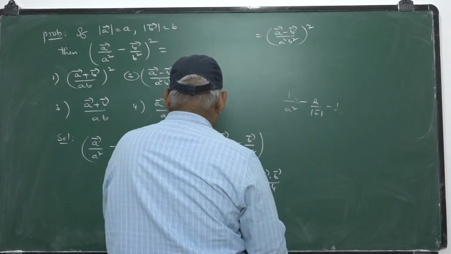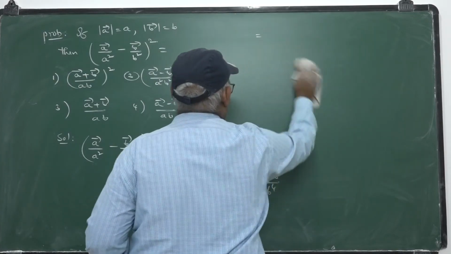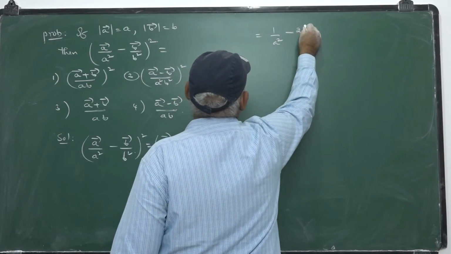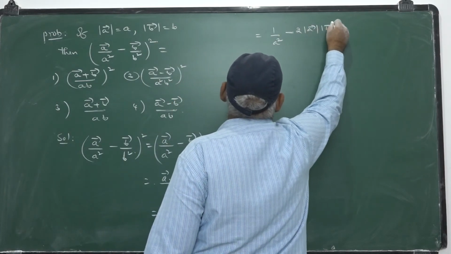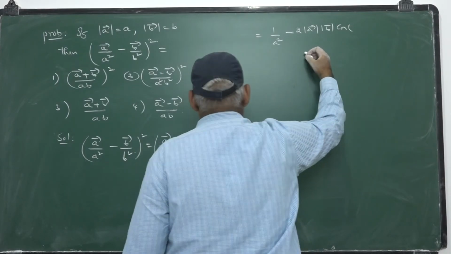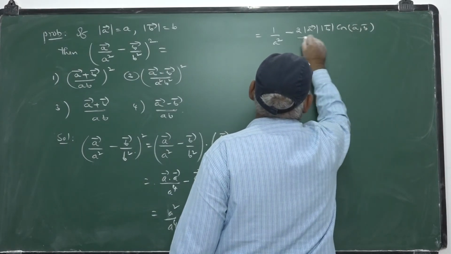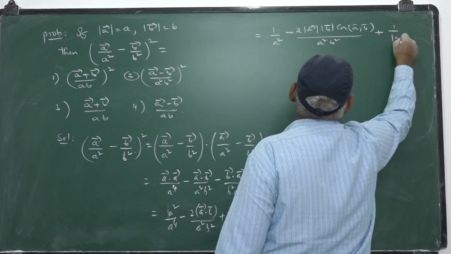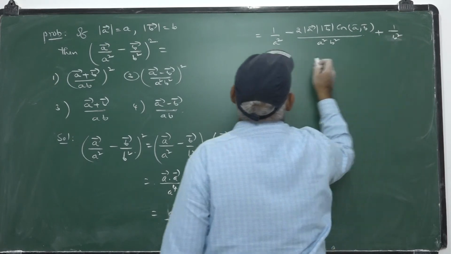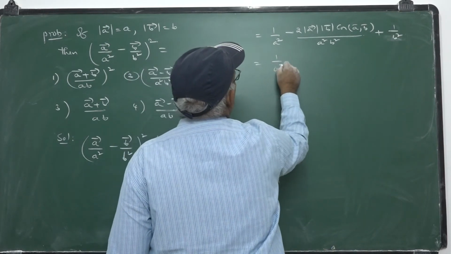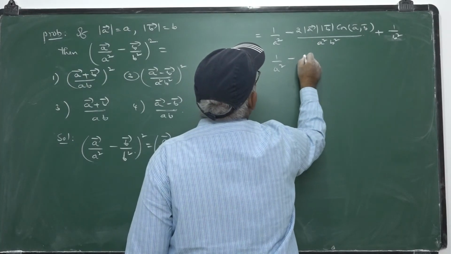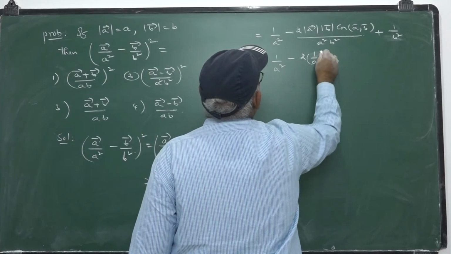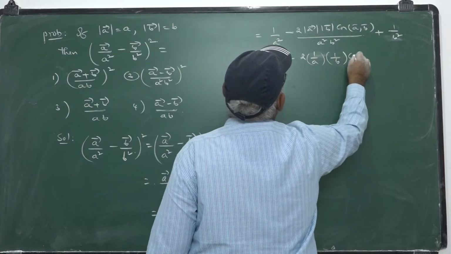Okay, let us do like this: 1 by a square minus 2 mod a bar mod b bar cosine of angle between a and b by a square b square plus 1 by b square. This is 1 by a square, one term cancels, so twice the top, 1 by a, 1 by b cosine.